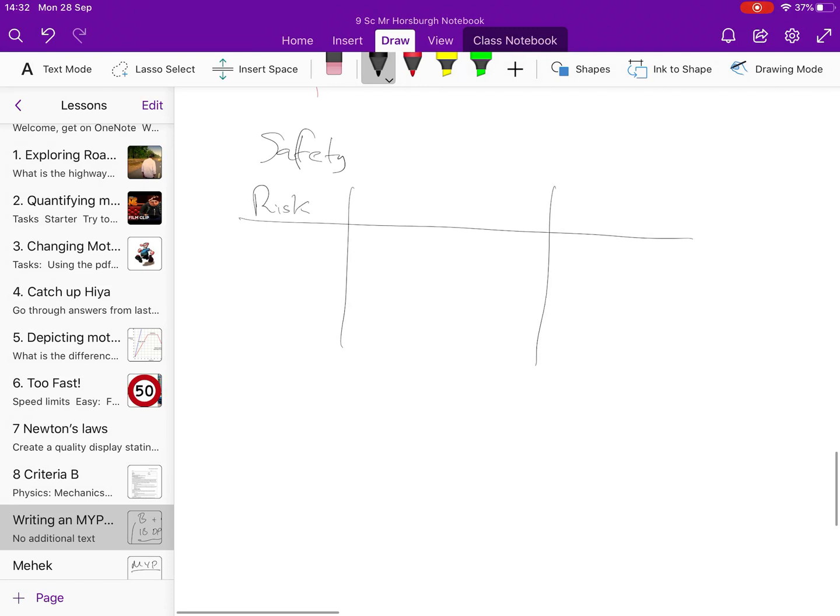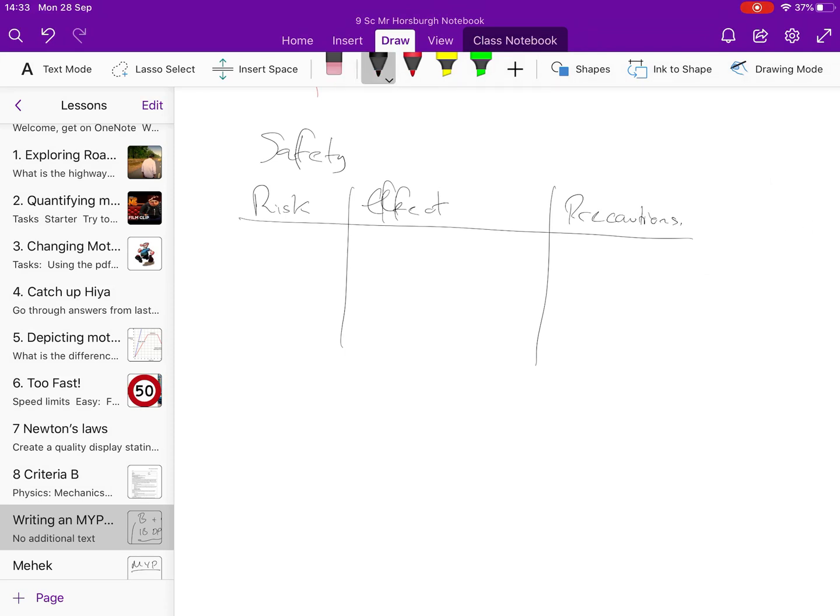You just identify the risk, you identify the effect of that risk, and then you identify the precautions that you're going to take to reduce or eliminate the risk. Some people might then ask you to give it a rating. I don't tend to. So they get you to rate it like a high, medium, low risk.